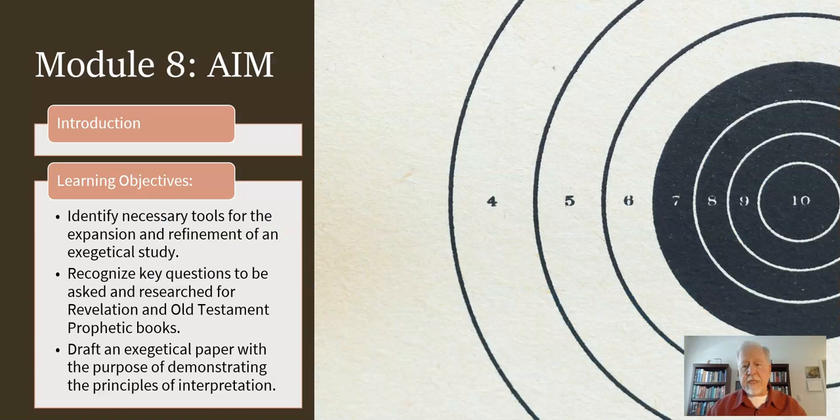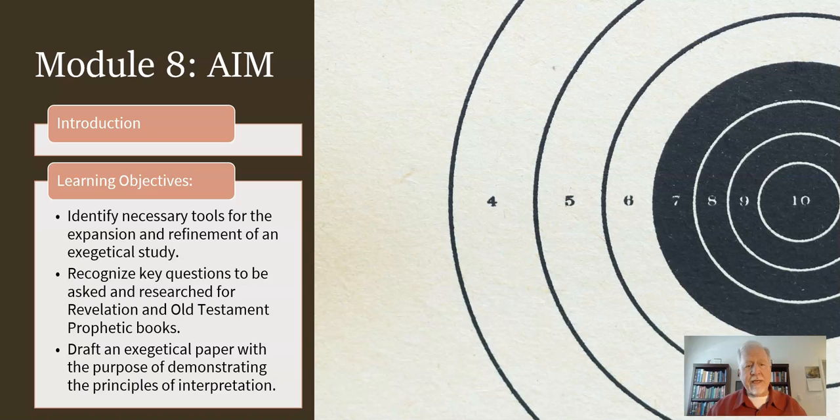In terms of the objectives for Module 8, once again, as always, you have a very excellent written introduction that you will want to look at and read carefully. And then our three learning objectives in Module 8 are, first of all, number one, to identify the necessary tools for the expansion and refinement of an exegetical study, which is really significantly the focus of our project.